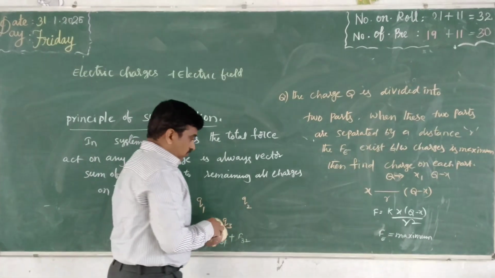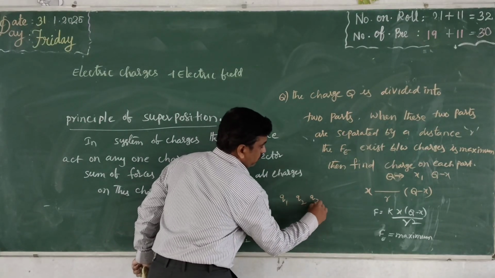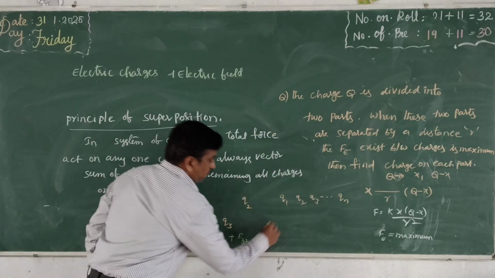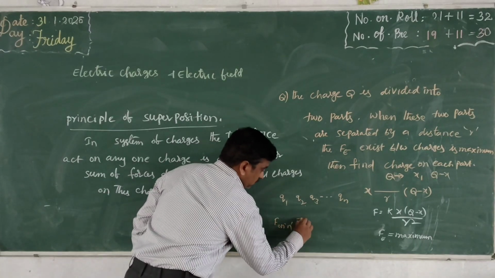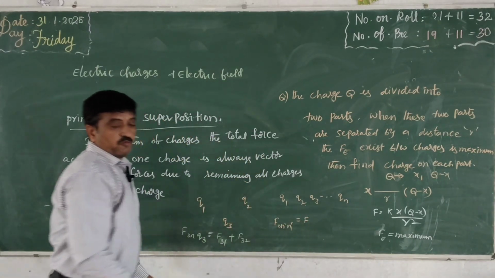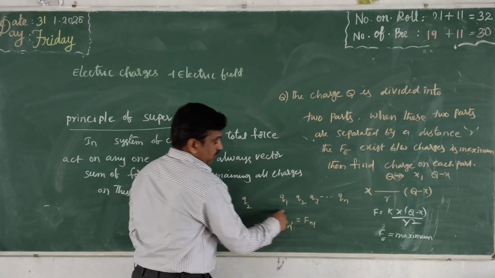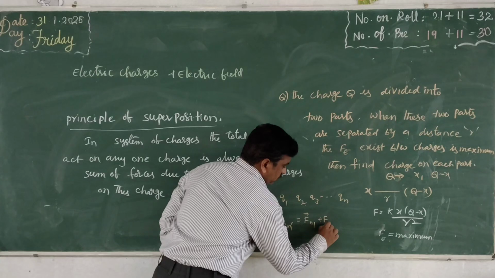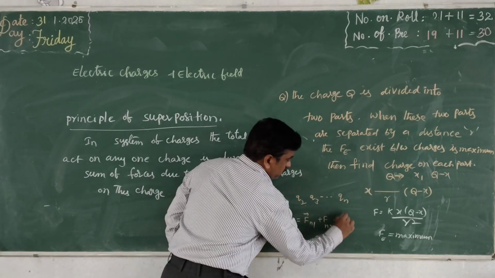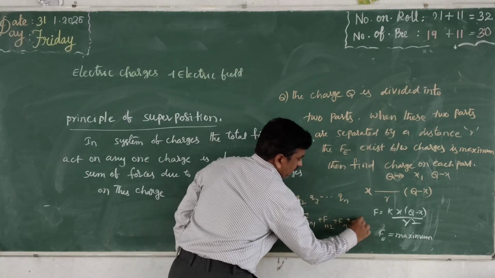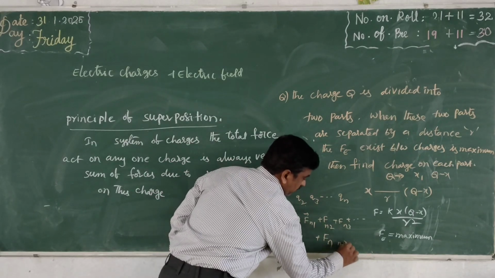For example, see one more. See here, a number of charges is there: Q1, Q2, Q3, and so on up to Qn. Force on the nth charge we can write as the vector sum of all forces due to the remaining charges: force on n due to 1, plus force on n due to the second charge, plus force on n due to the third charge, like that, plus force on n due to the (n minus 1)th charge.